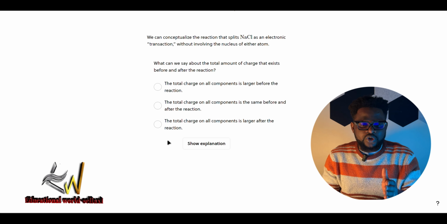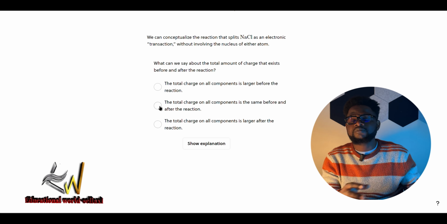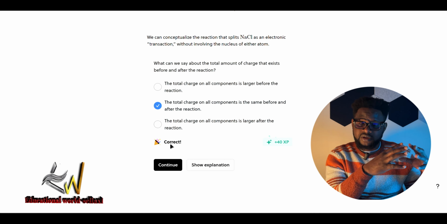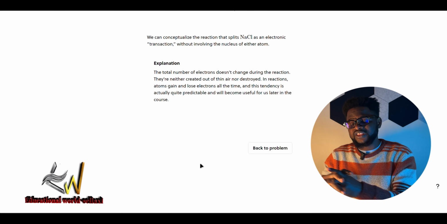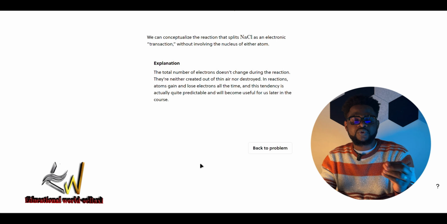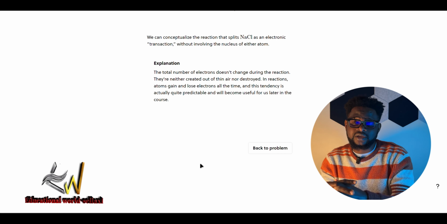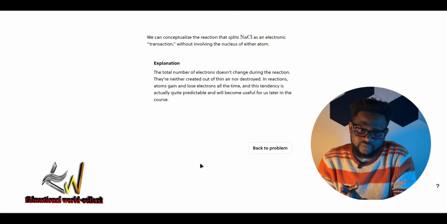The second says the total charge is the same before and after the reaction. The third says it is larger after the reaction. The total charge is the same. The only thing that happens is that before the reaction, they were together, making it neutral, and after the reaction, they split into their respective components. If we combine them together again, they will still be neutral. That's that.